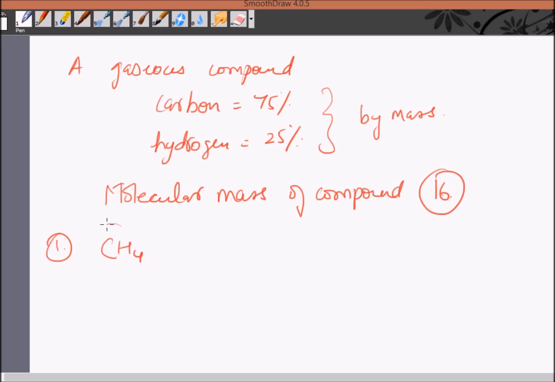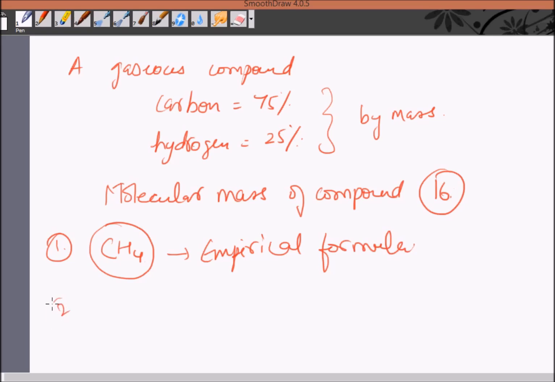which we have calculated in the first part of empirical formula. You can also go through the video of empirical formula, first part. So this is the empirical formula, right?